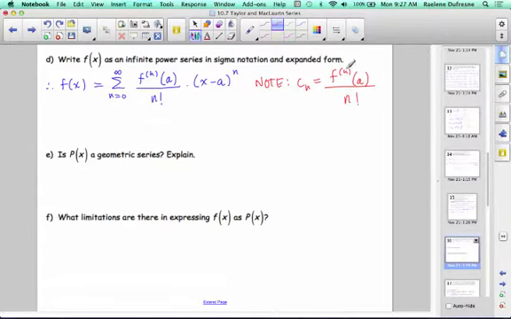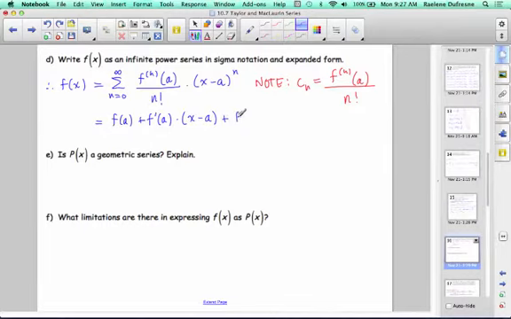And so when we expand the sigma notation, we get the 0th derivative of f is just f. So f of a divided by 0 factorial times stuff to the 0 is 1. Plus f prime of a divided by 1 factorial, we don't really need the 1 factorial, times x minus a to the 1.